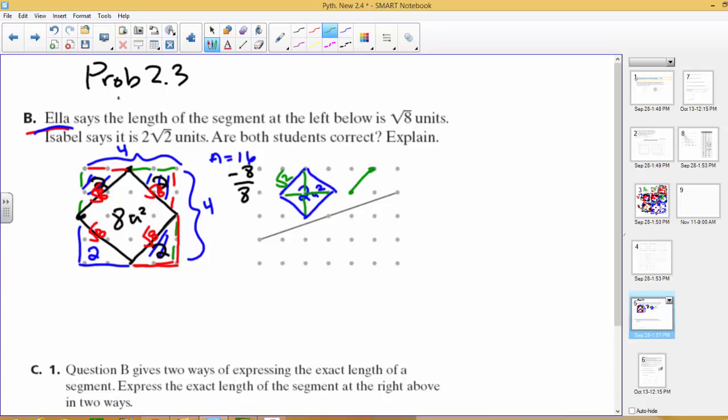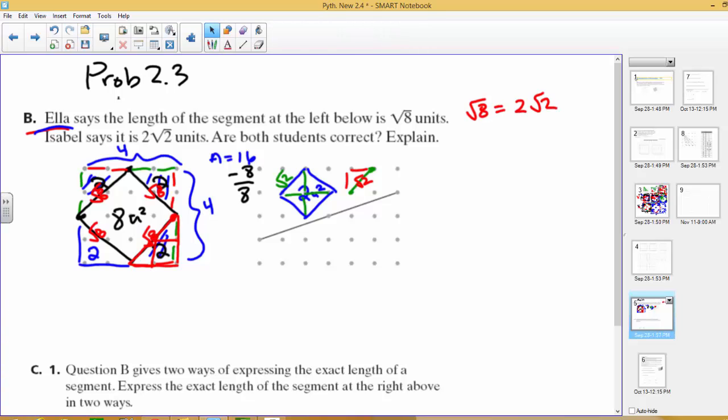So a 1 by 1 triangle gives you a diagonal length of the square root of 2. So if you look at this, this is a 1 by 1 triangle right here, and this is also a 1 by 1 triangle right here. So it does appear that square root of 8 is the same as 2 square roots of 2.